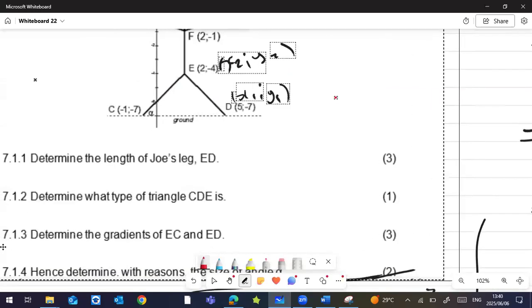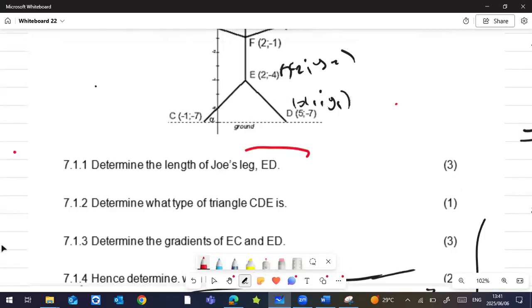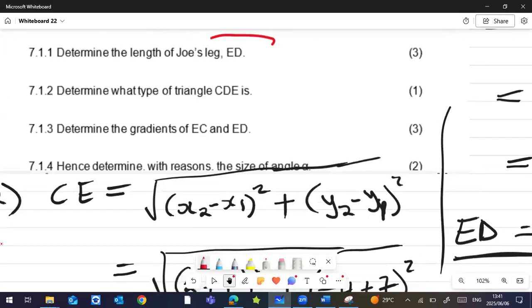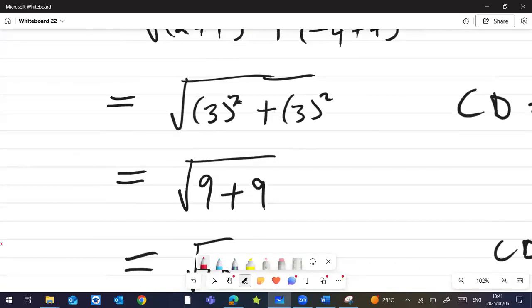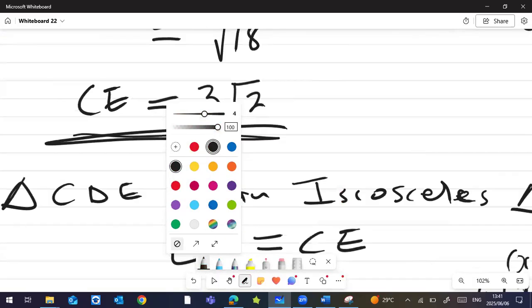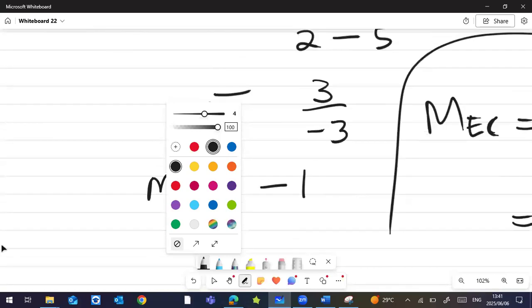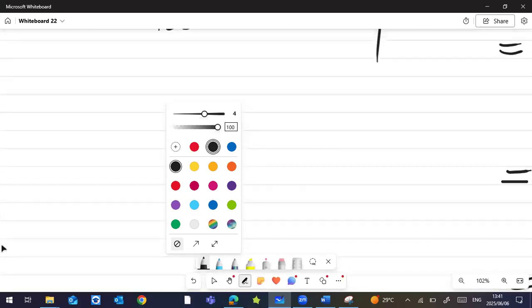Alpha there, we can clearly see our angle alpha. It is the angle of inclination for this line EC. So here it's our angle alpha. Now, to answer that question, we're going to find the angle of inclination for line EC.